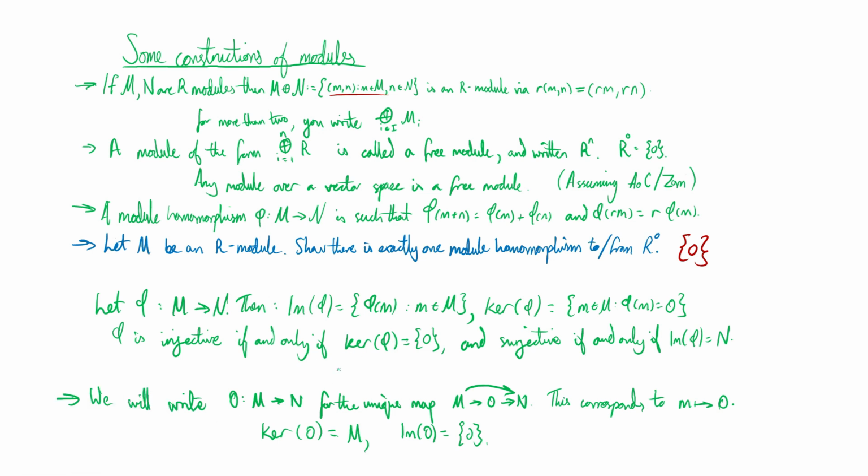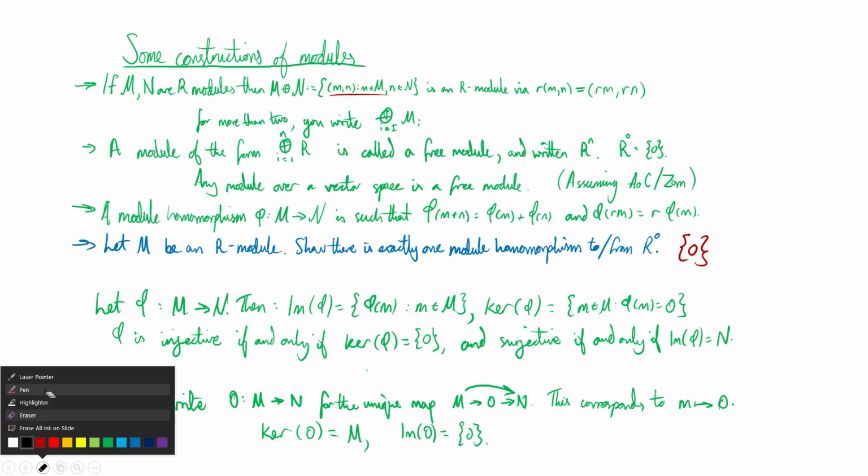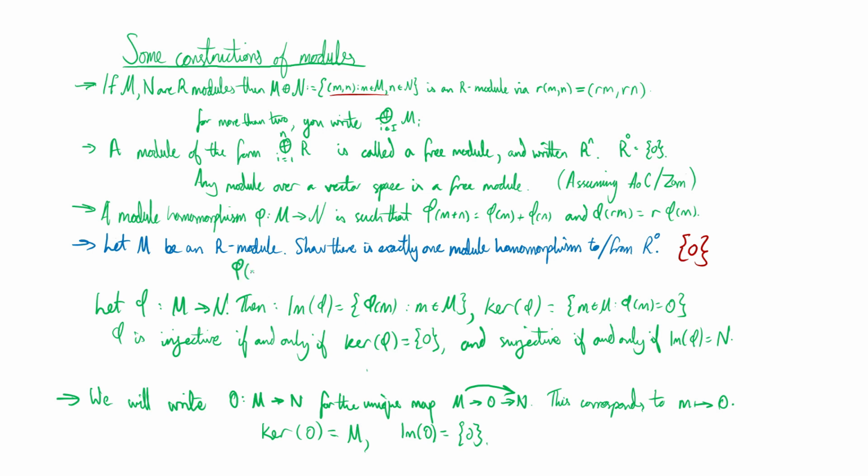So if the kernel is just 0, then everything gets mapped parallel to one another, I guess. So no two things within M are mapped to the same thing in N, because if they are, then their difference would be 0, and that would just imply M equals N. So phi of M plus N, sorry, if phi of M equals phi of N, then phi of M minus N equals 0.